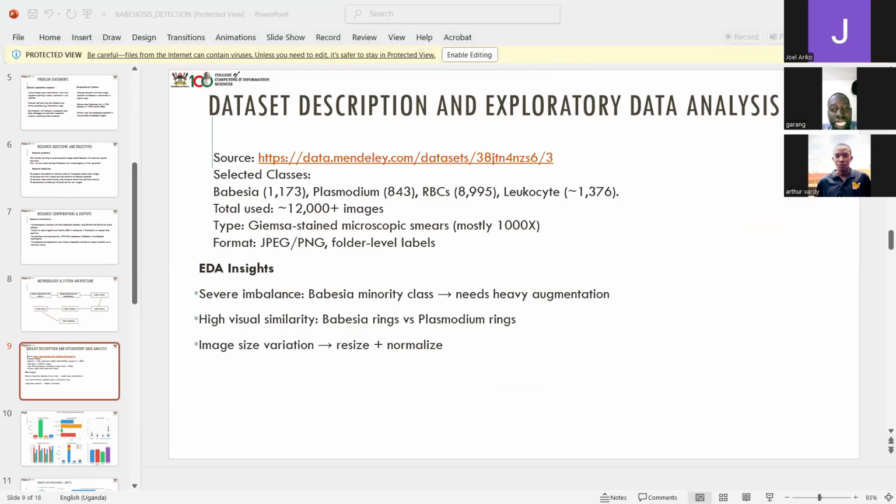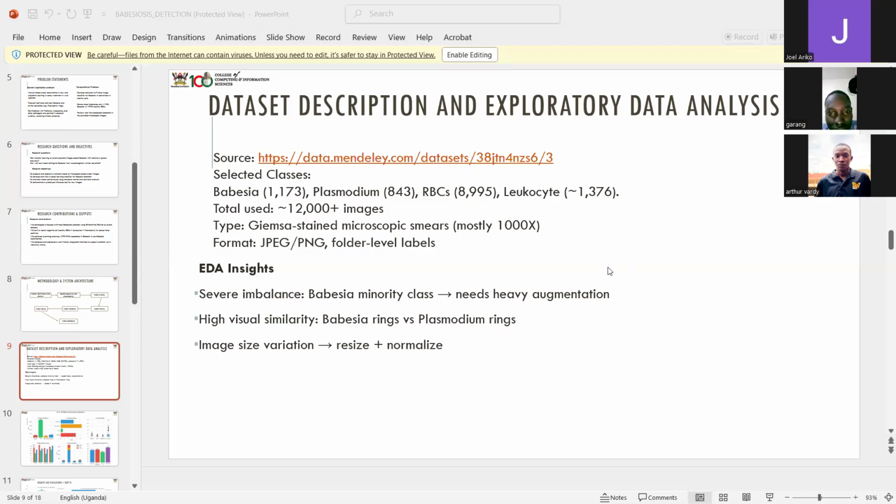The classes we have in this data set are Babesia with 1,173 images, Plasmodia with 843 images, RBC, which is the red blood cells, with 8,995, and leukocytes with 1,376. So the total images used are 12,000 images.